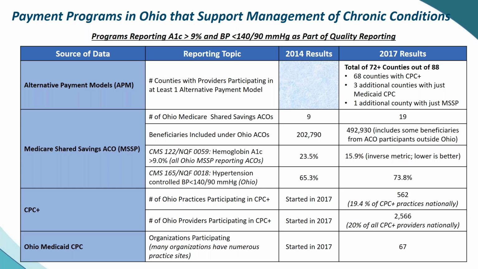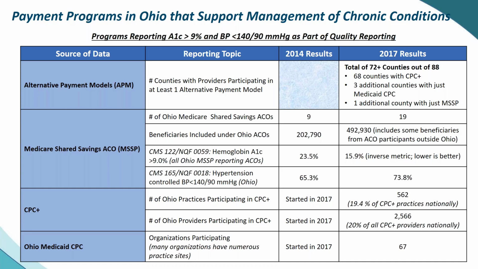The number of beneficiaries included in those ACOs, so you're looking at Medicare beneficiaries. When you're talking MSSP, that is strictly a Medicare population, and it started with about 200,000 in 2014, and we're up close to 500,000 beneficiaries now.